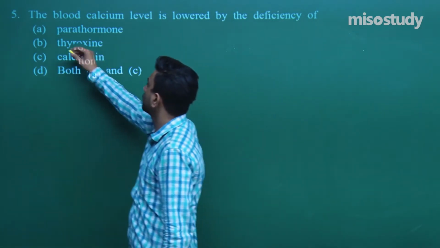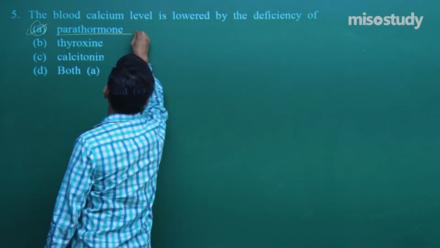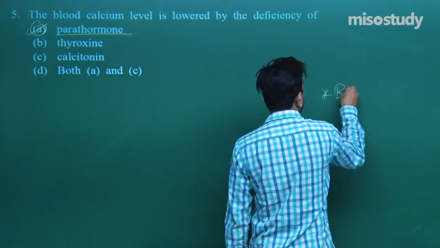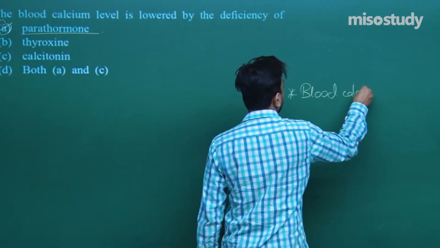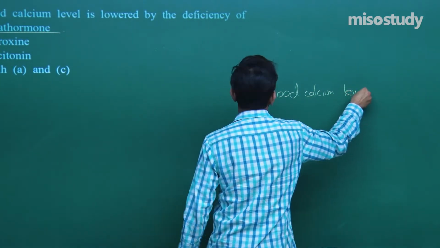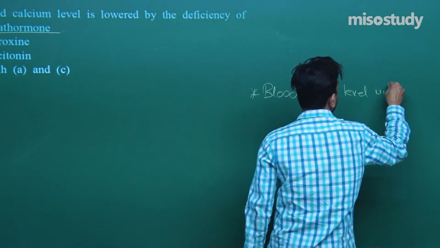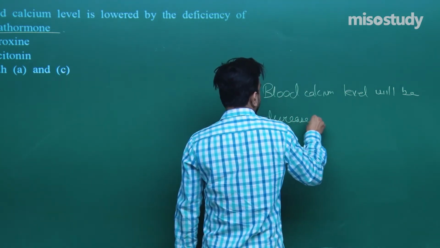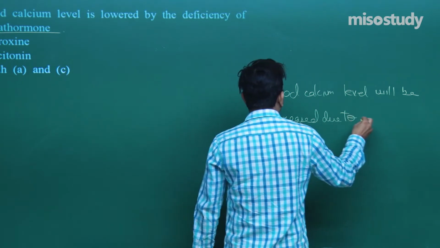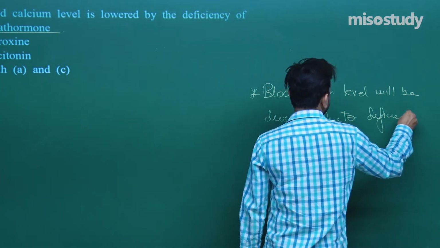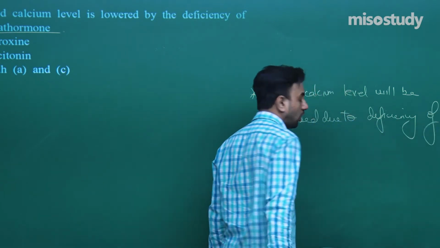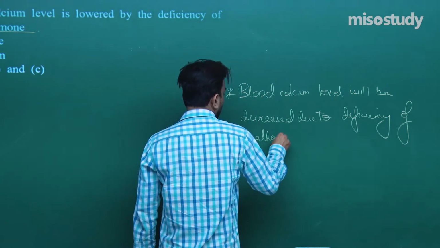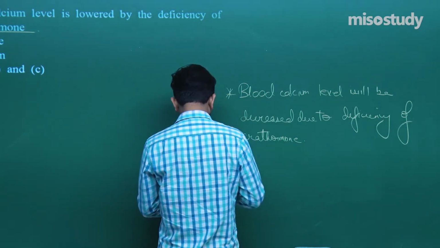So the blood calcium level will be decreased due to deficiency of what? Parathormone, right.